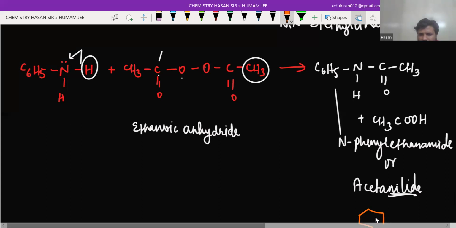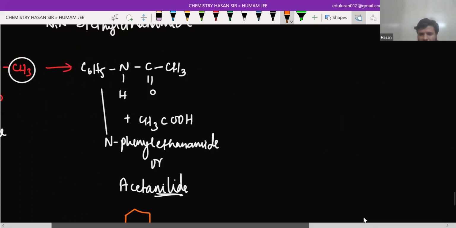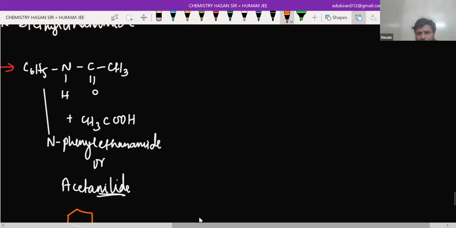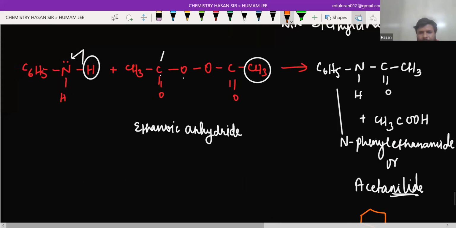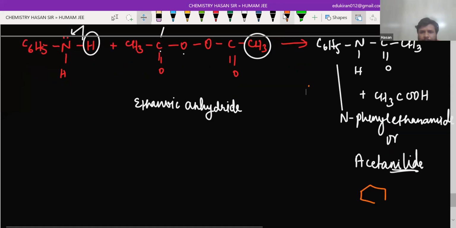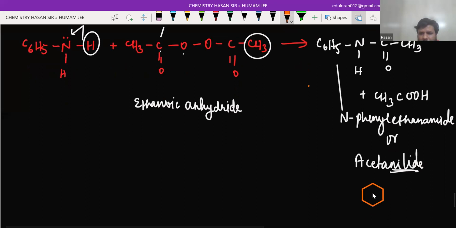Oh, wait a minute. You can write the structure like this as well. And H is there. C double bond O, CH3 is there.